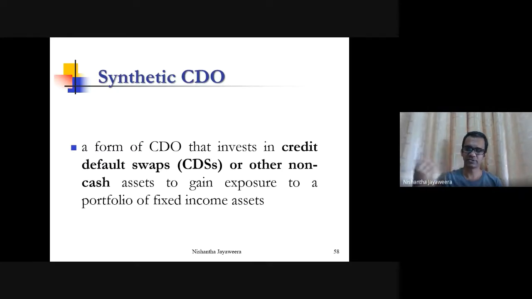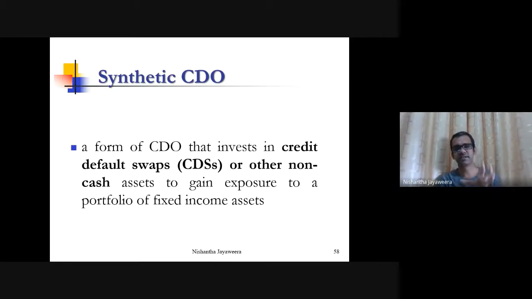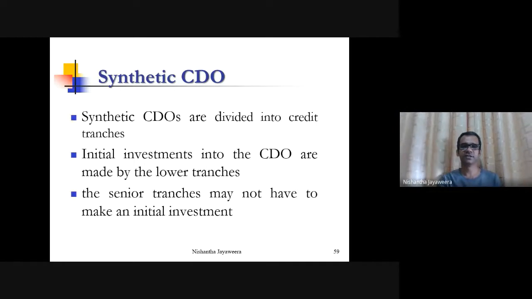You don't actually have the credit portfolio, but by issuing credit default swaps you can synthetically create CDOs. But this is very risky, as in selling CDS there's no limit. When the market is only 10 billion, you can issue 100 billion worth of CDOs. So that risk is there when you go for a synthetic product.